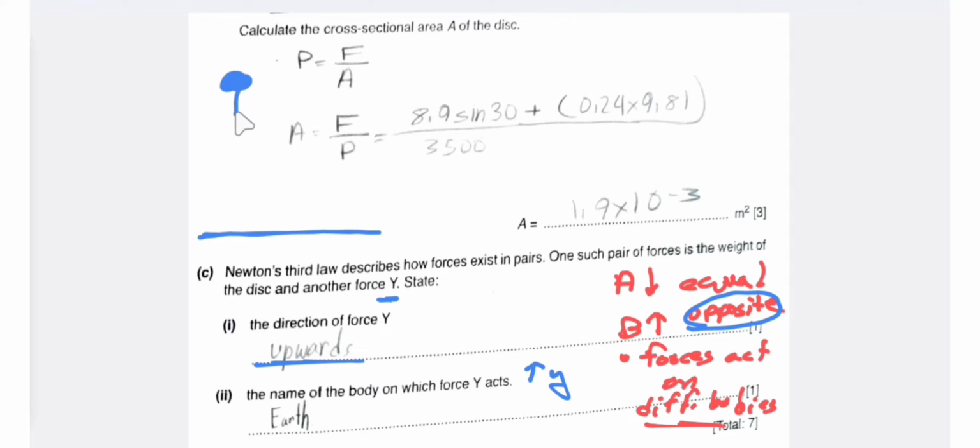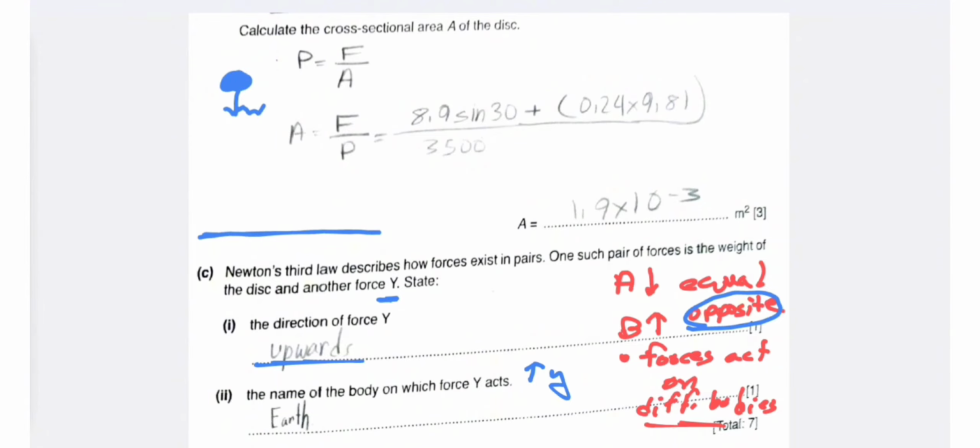Now the weight of the ball is acting downward. On which object is the weight acting? The weight is obviously acting on the ball, that causes it to move downward.